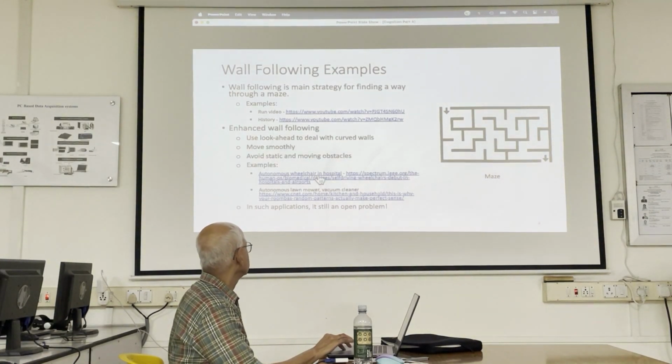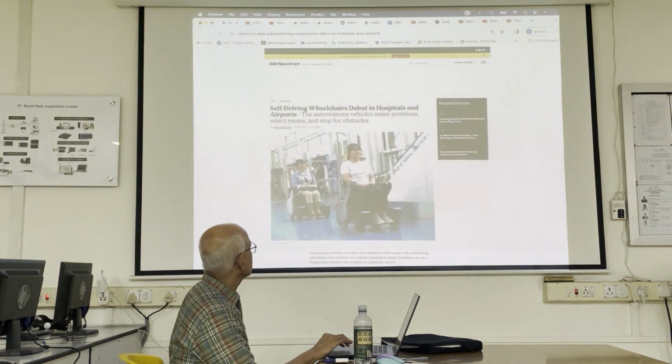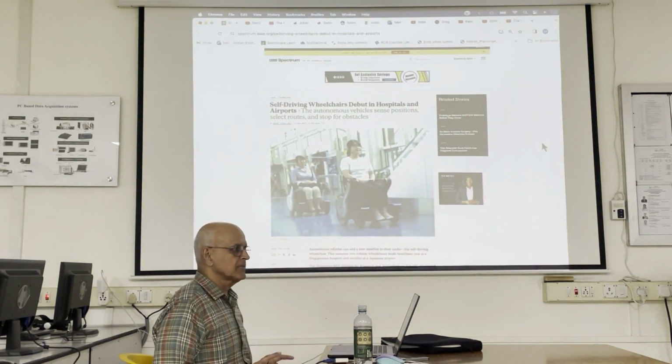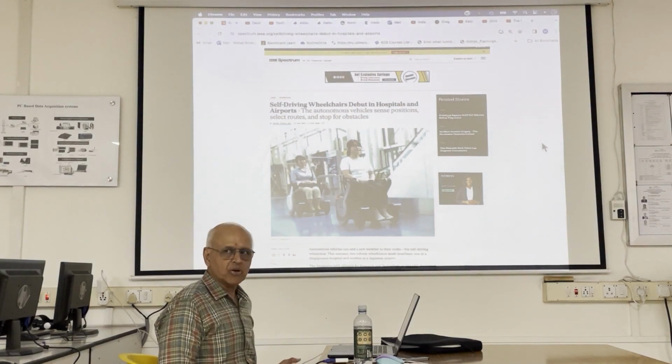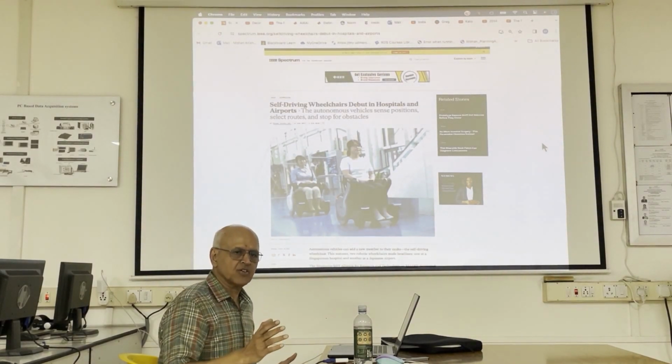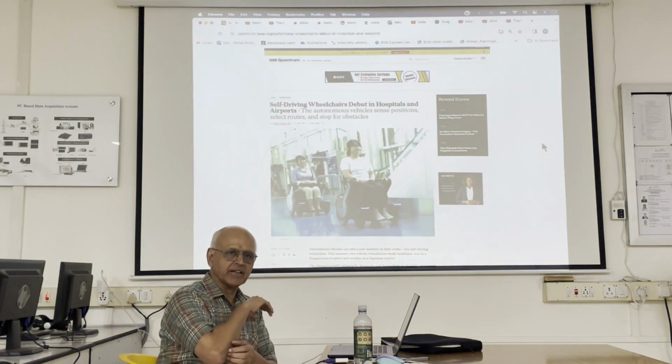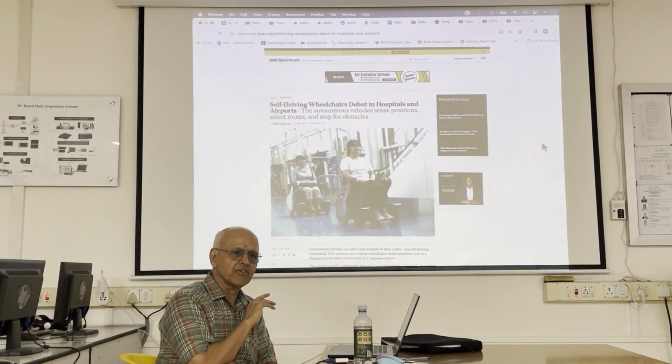And let's go to this one. So this is a project in Japan. So the concept is this, that in airports, you have these transfers, right? One gate to another. And sometimes in these more modern airports, you have to walk a mile.